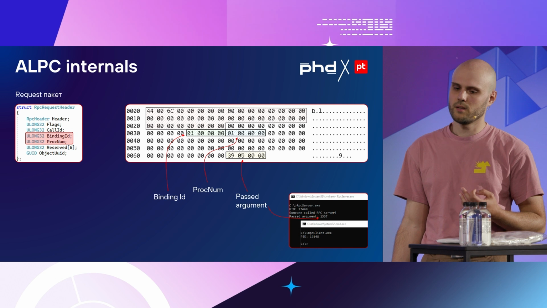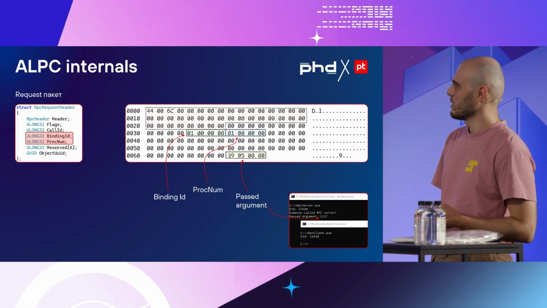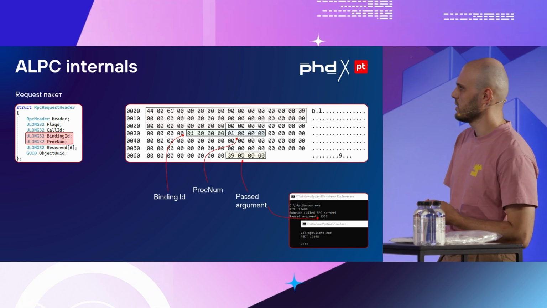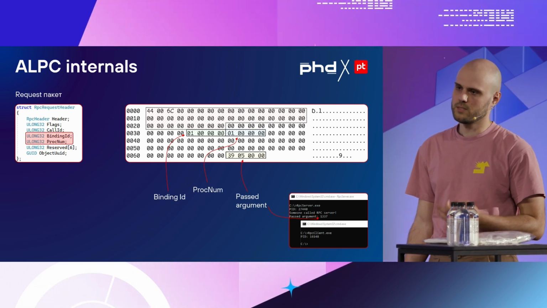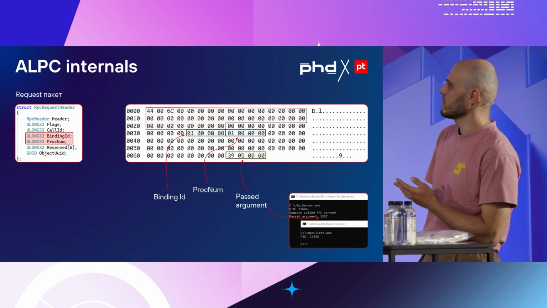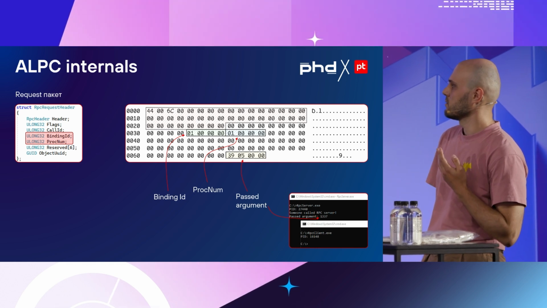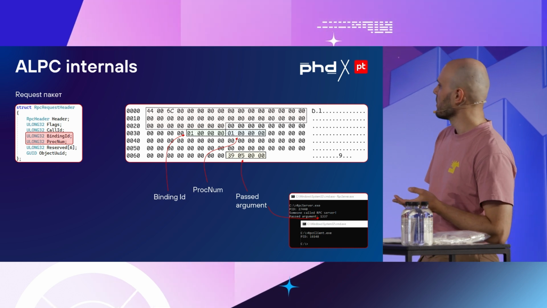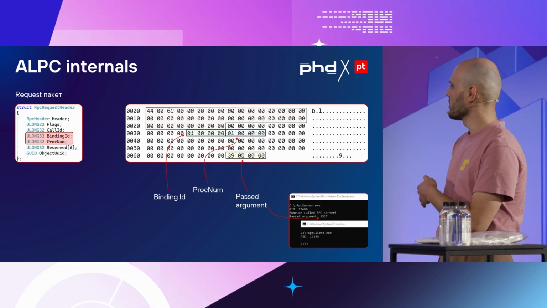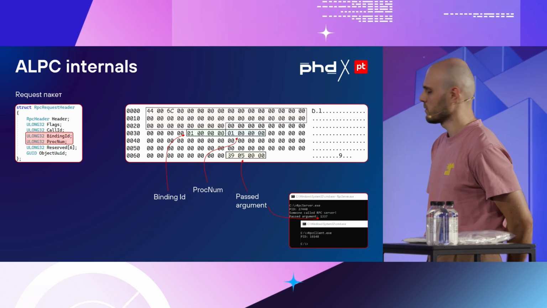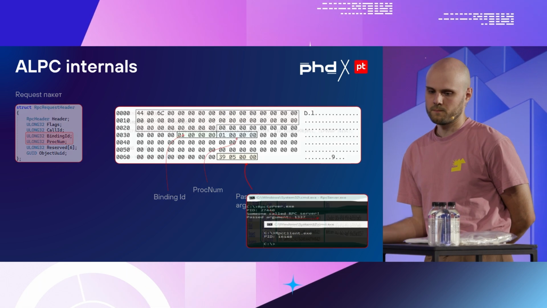This binding ID is further used during request packages, and the descriptor is the ALPC port, and you can see what RPC interface is being requested. In the request package you can see the number of the procedure, and lower you can see the arguments that are being transferred.